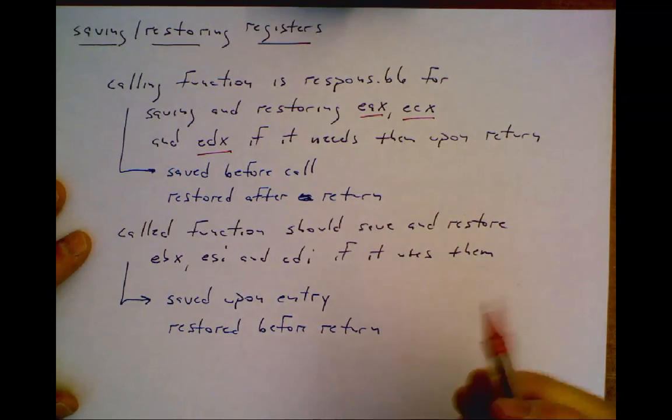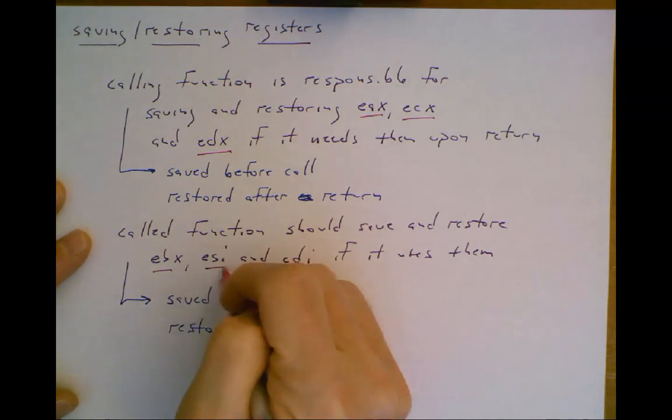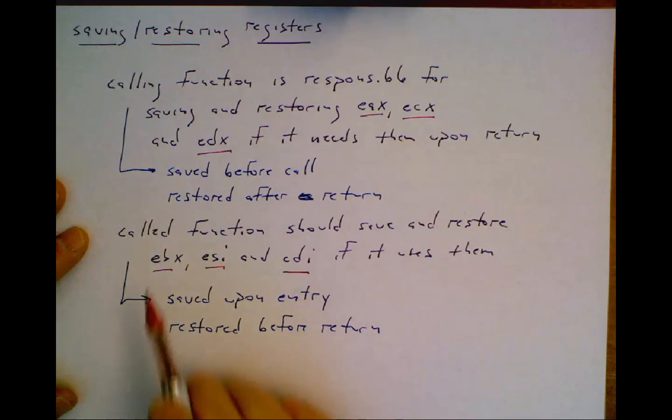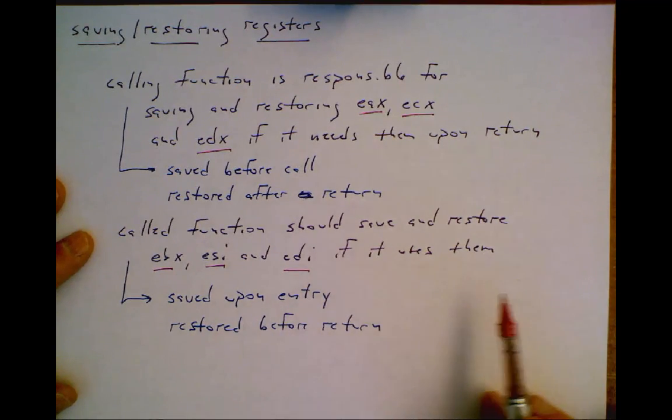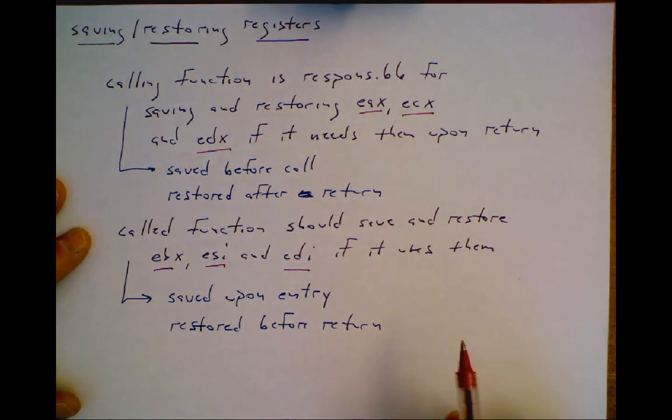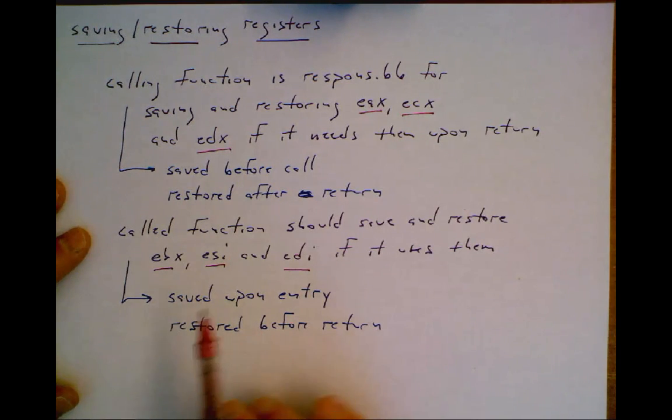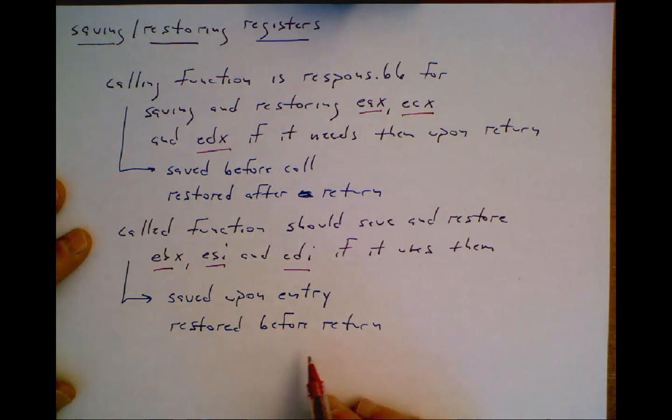And the other 3 registers, EBX, ESI, and EDI, are the opposite. The called function is responsible for saving and restoring those 3 registers if it uses them. So if the called function is going to use EBX, it's going to have to save EBX into its frame right upon entry, and then restore EBX right before the return.